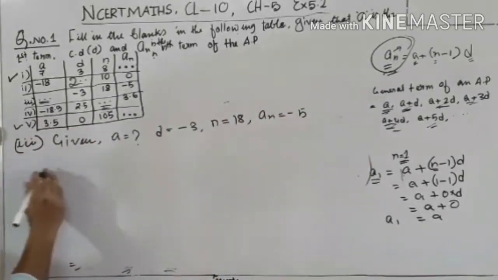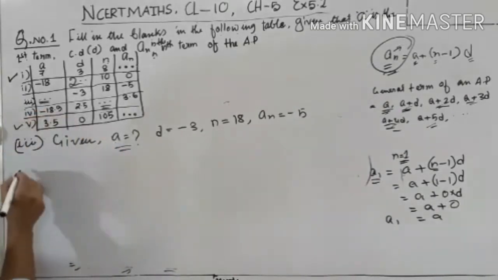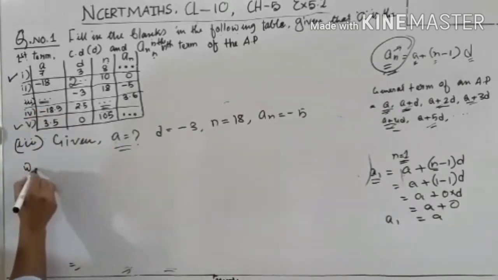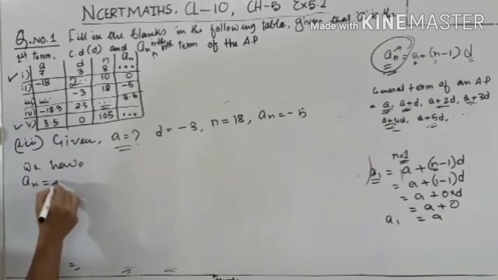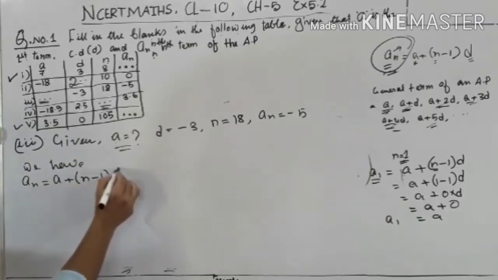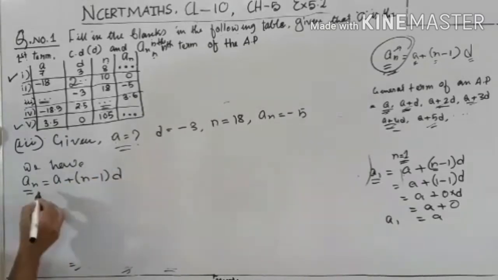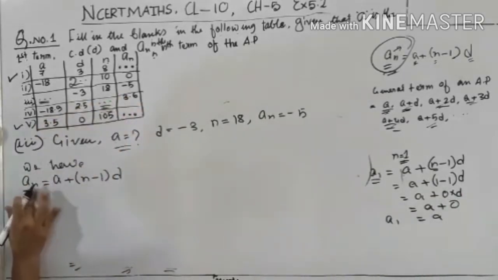Now write, since we have to find the first term, we have the nth term given by a_n equals a plus (n minus 1) into d. The nth term is minus 5.